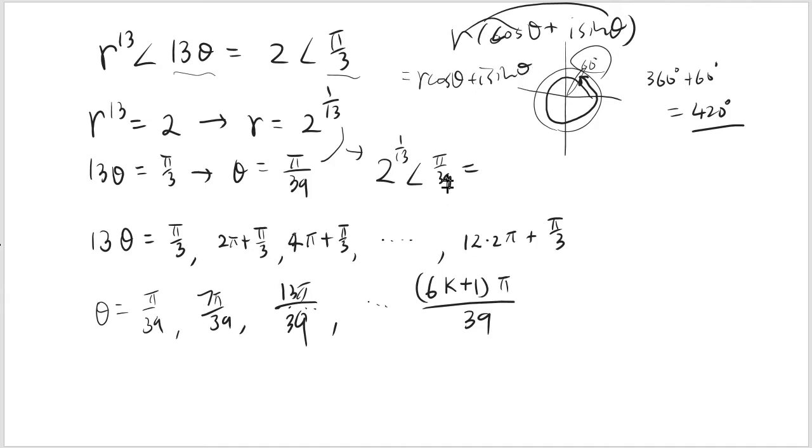So you have to punch into your calculator 2 to the 1 over 13 cosine of pi over 39 plus i times 2 to the 1 over 13 sine pi over 39.